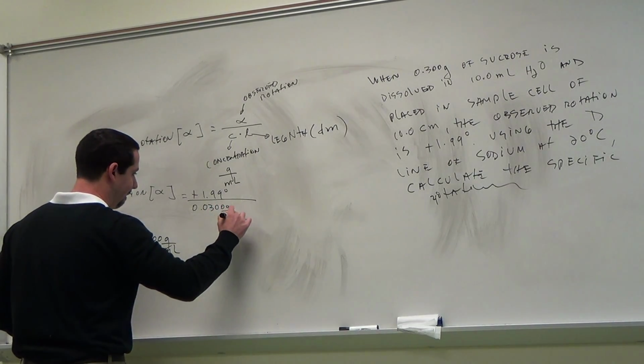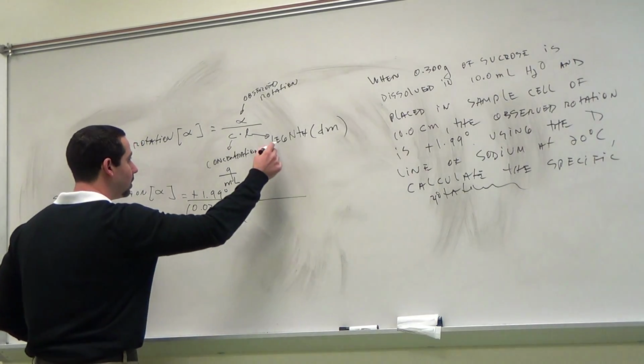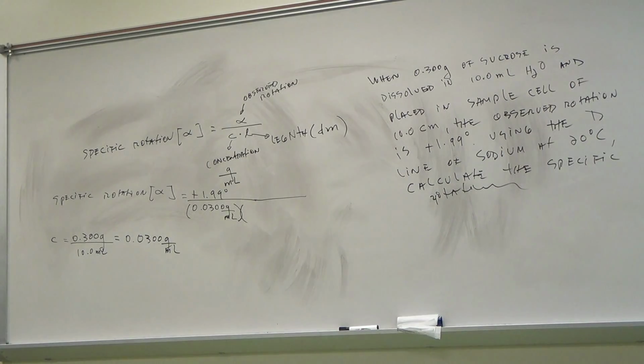And you are going to multiply this by the length in decimeters, yes? You got to convert from centimeters to decimeters. That's a tough conversion. I don't think you guys can do it. Can you do it? Decimeters. 10. You can?